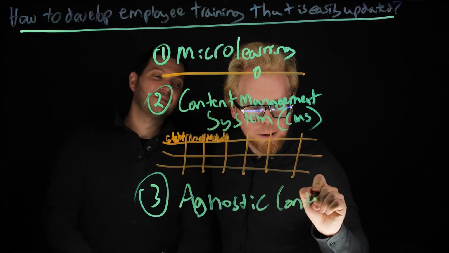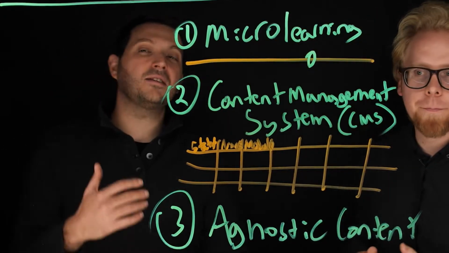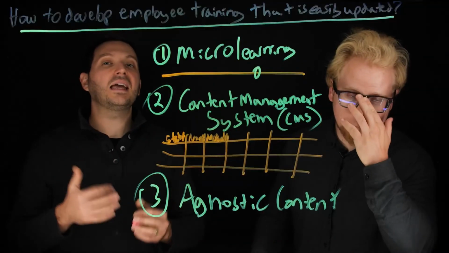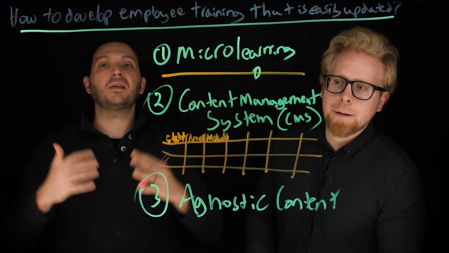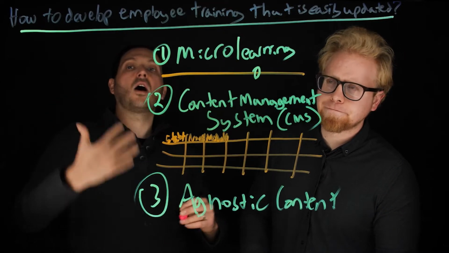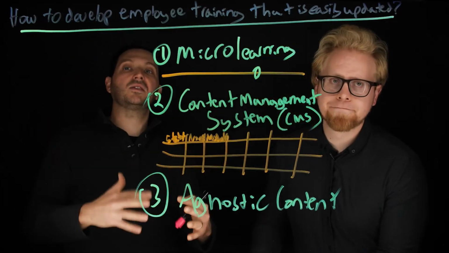What is agnostic content, Hector? Agnostic content means that no matter who your subject matter expert is, if they decide to leave the company or if something happens, you could still utilize that content even if they are not there. There are many ways you could do that.